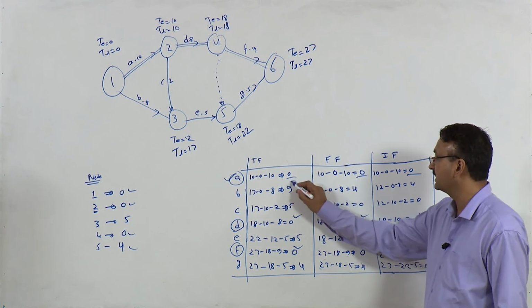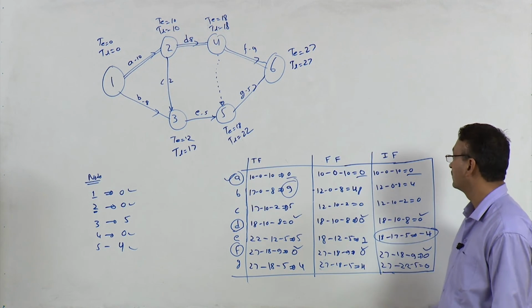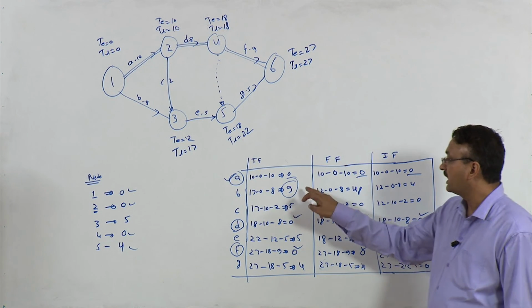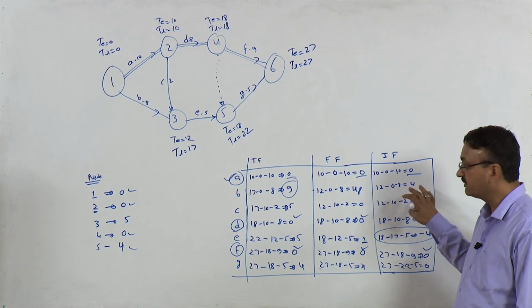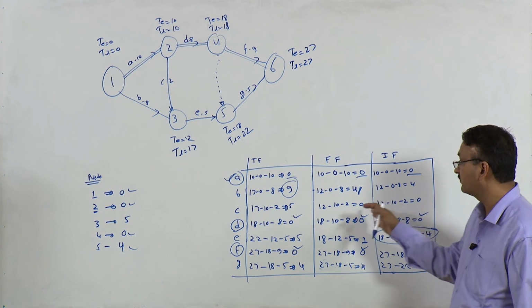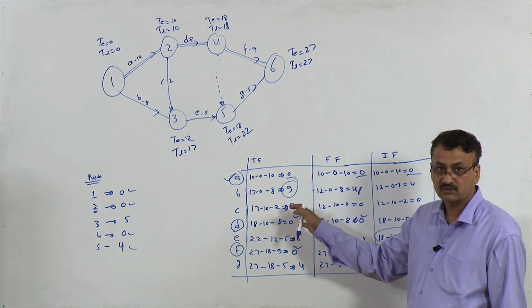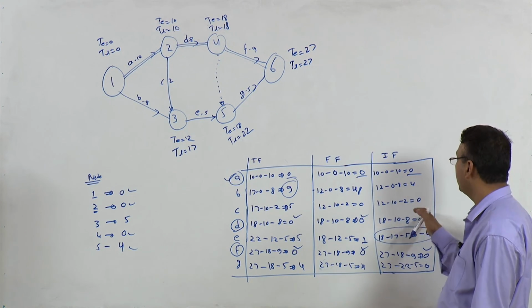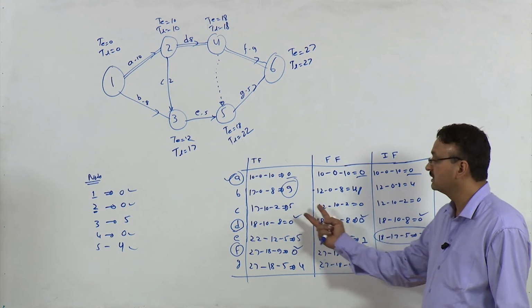Just see, this is 9, so it has come down to 4. They may be the same, but it cannot happen that independent float and free float are more than total float. Similarly, independent float cannot be more than these 2 floats.